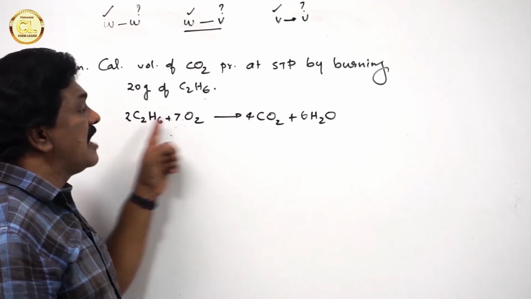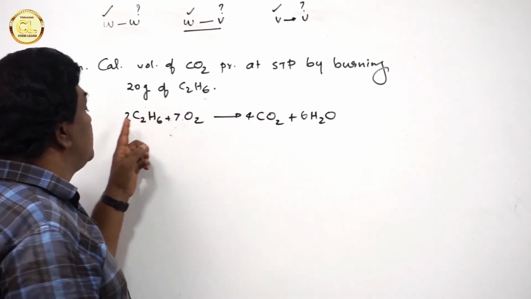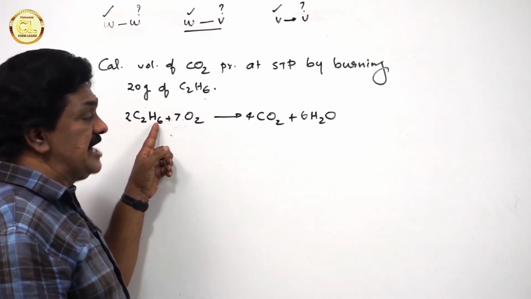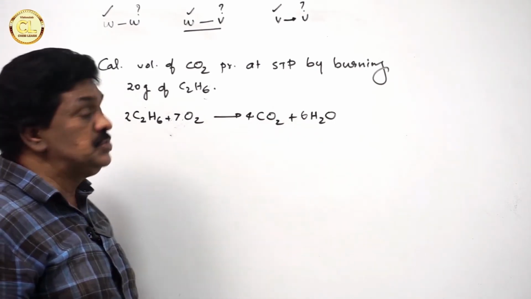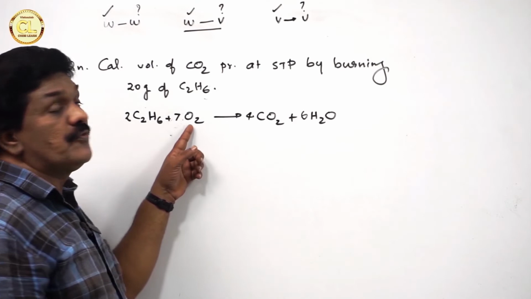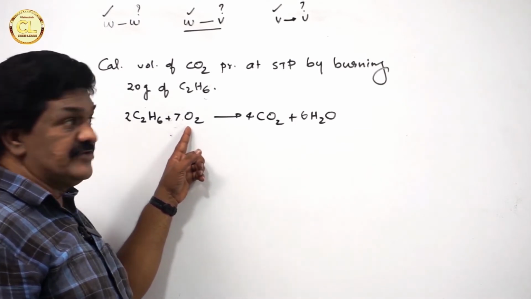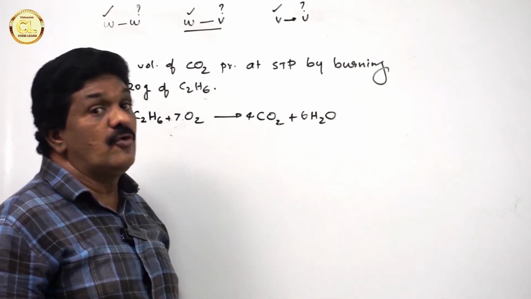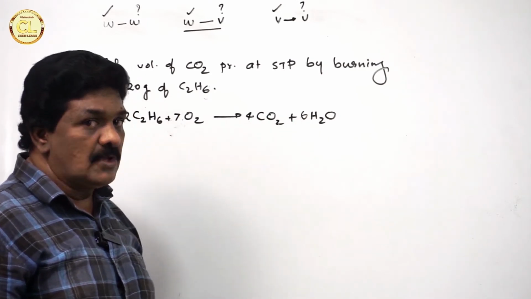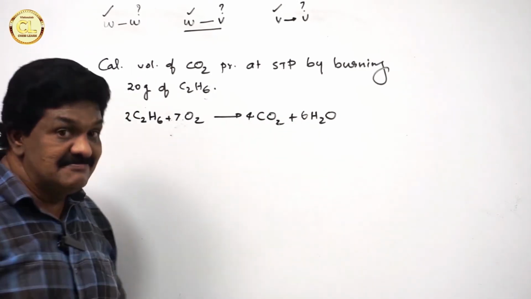There are 4 carbon atoms, 4 here. There are 2 into 6, 12 hydrogen atoms. Here also there are 12 hydrogen atoms, 6 into 2. There are 7 into 2, 14 oxygen atoms on the left hand side, and 4 into 2, 8 plus 6 is equal to 14 on the right hand side. Now the equation is balanced.